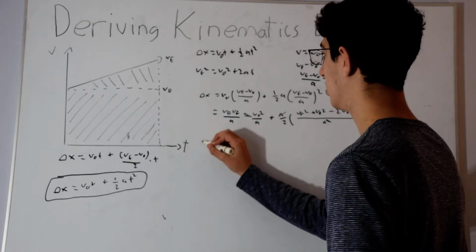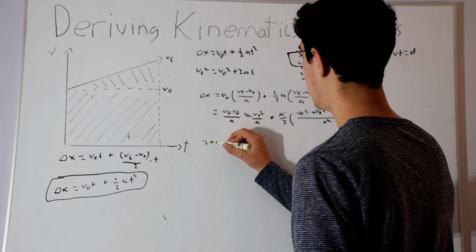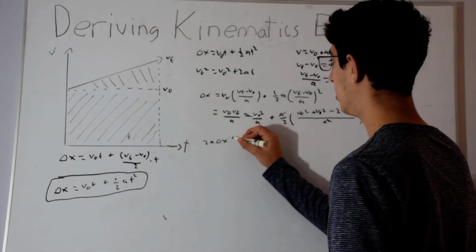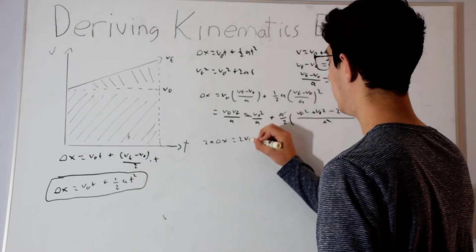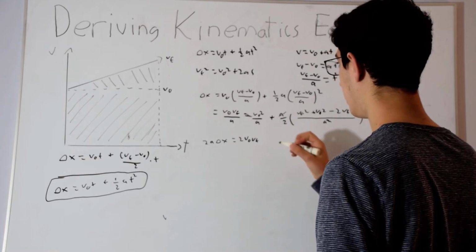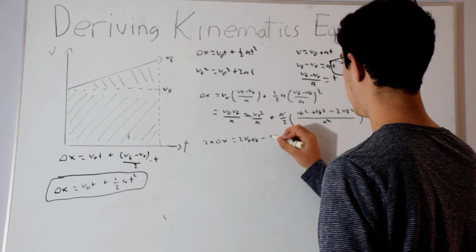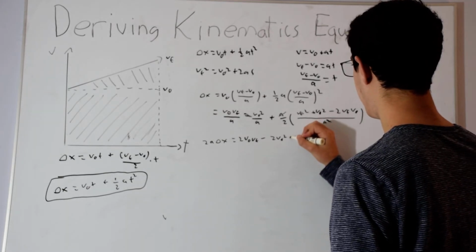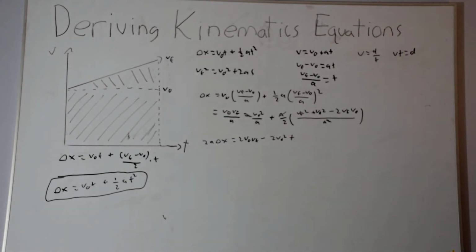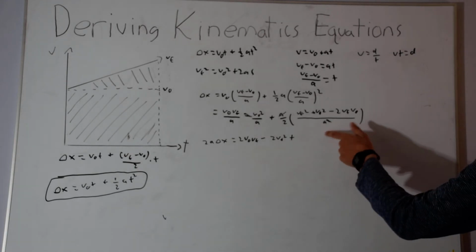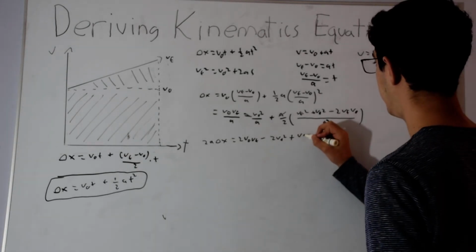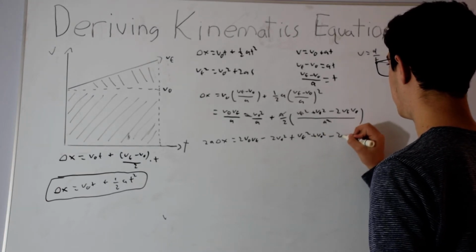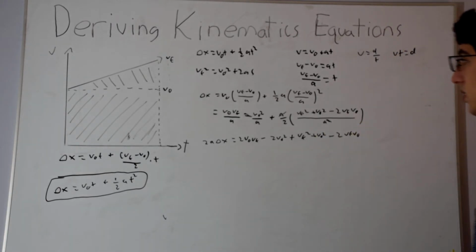So 2a change in x, right, because I still have change in x on this left side, equals 2v0 v final minus 2v0 squared plus, and this just remains the same, right, because I have 2a in the bottom, I'm just cancelling out. So v final squared plus v0 squared minus 2v final v0.